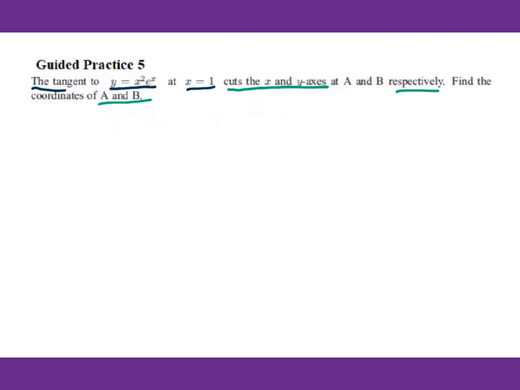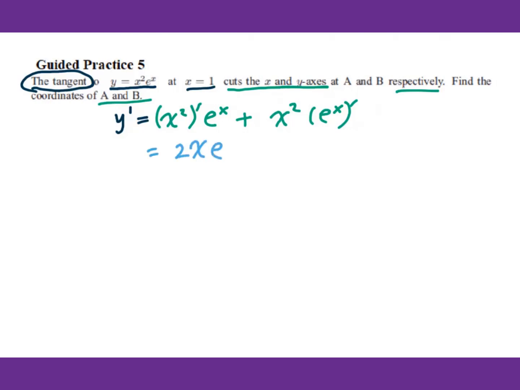When we talk about the tangent line, you have to take the derivative of the function. Remember, you have to use the product rule. That means the derivative of x squared times e to the x, plus x squared times the derivative of e to the x. You will get 2x e to the x plus x squared e to the x.